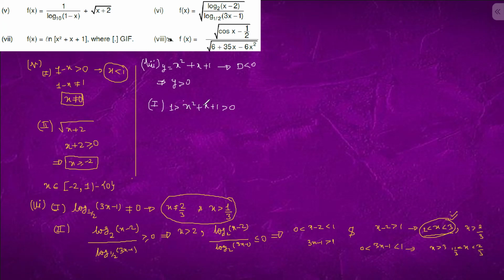The greatest integer should not be equal to 0, which means that x square plus x plus 1 should not be between 0 and 1.